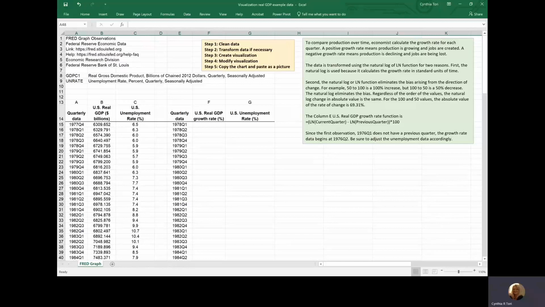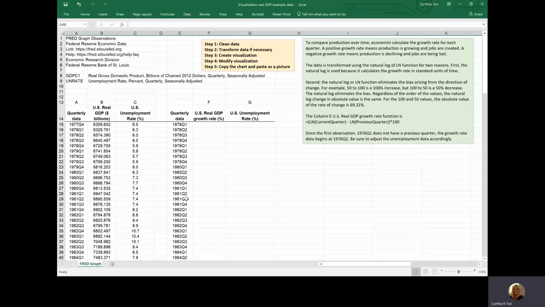For example, 50 to 100 is a 100% increase, but 100 to 50 is a 50% decrease. The natural log eliminates this bias. Regardless of the order of the values, the natural log change in absolute terms is the same. For 50 and 100 values, the absolute value of the rate of change is 69.31%.